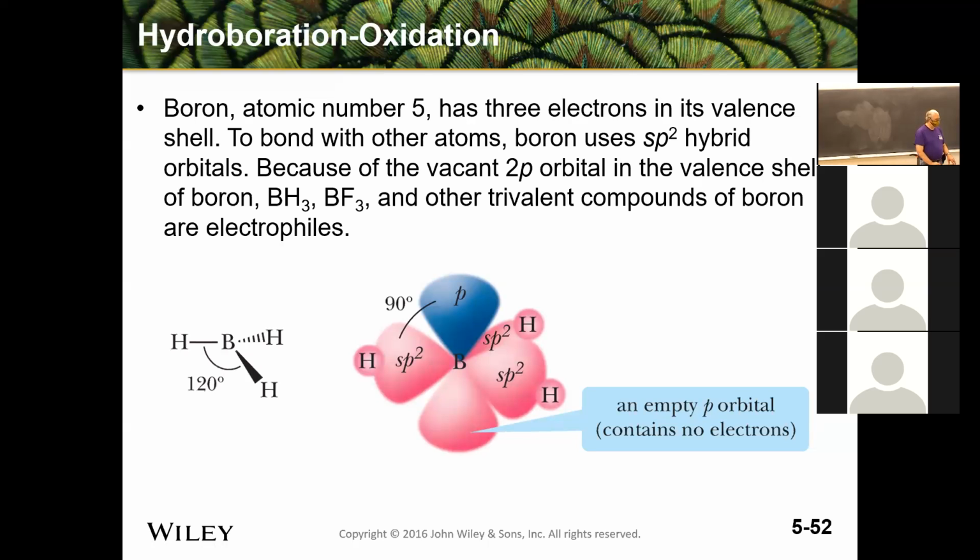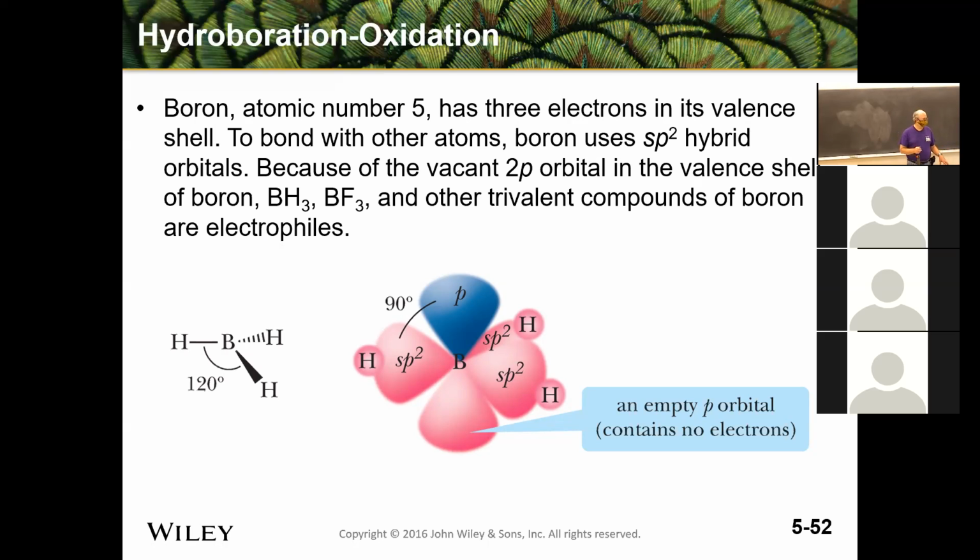So borane does not have a lone pair on the boron, and it is sp2 hybridized, trigonal planar. And because of that, there's two things going on. One is boron does not have an octet, so it's a really good electron pair acceptor.